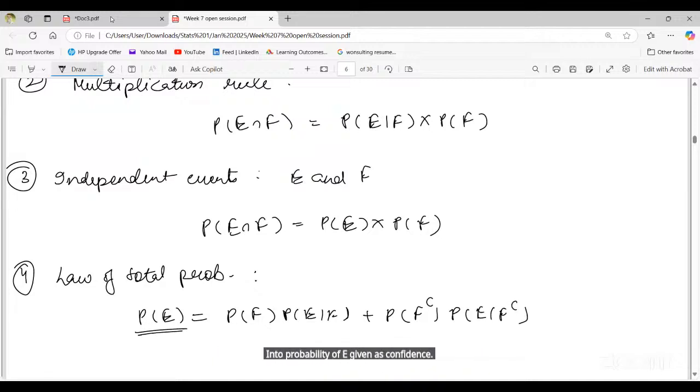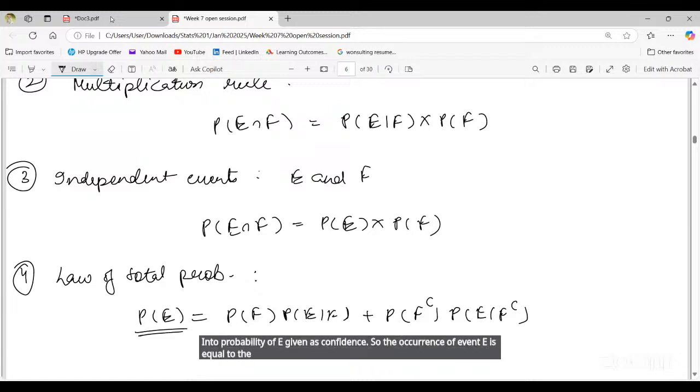So the occurrence of event E is equal to the weighted average of the conditional probability of E when F occurs and when F does not occur. Fine.